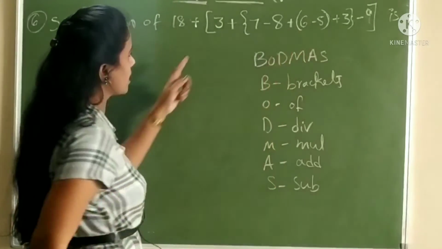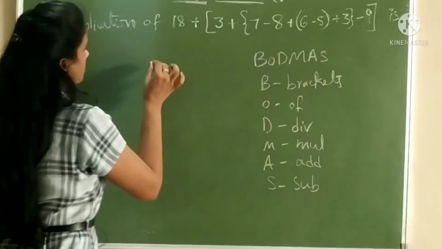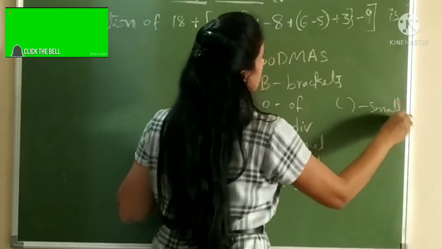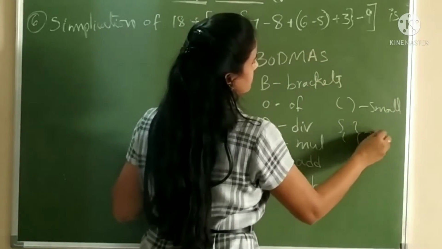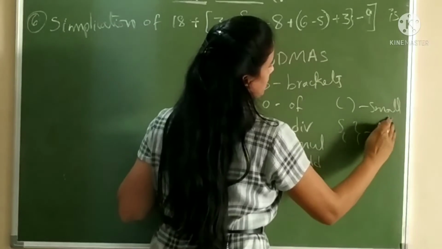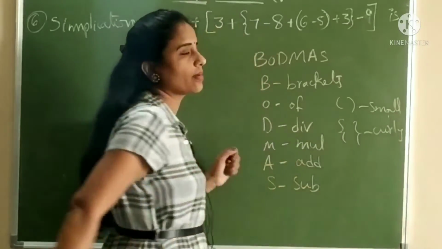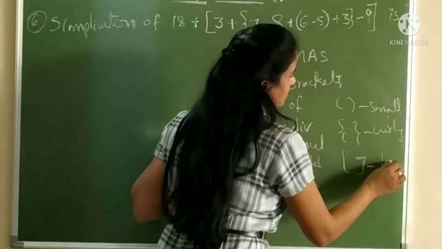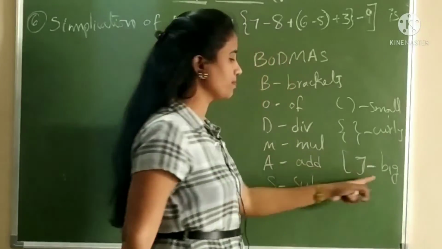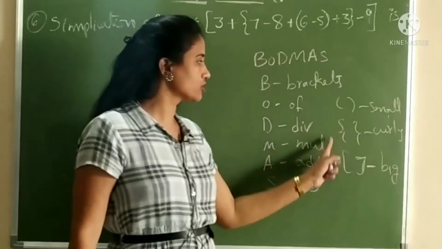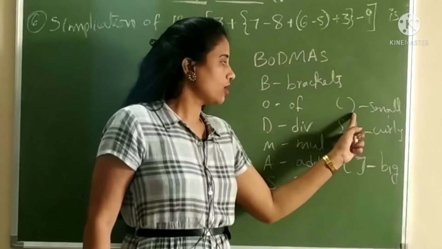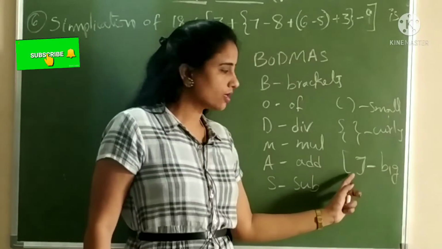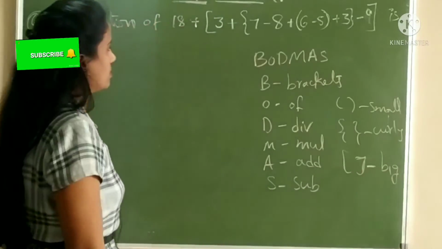Three types of brackets: one is the small bracket, second is the curly bracket, which is the middle bracket, and the box bracket, that is the big bracket. First simplify the small bracket, afterwards the curly bracket, and finally the big bracket.